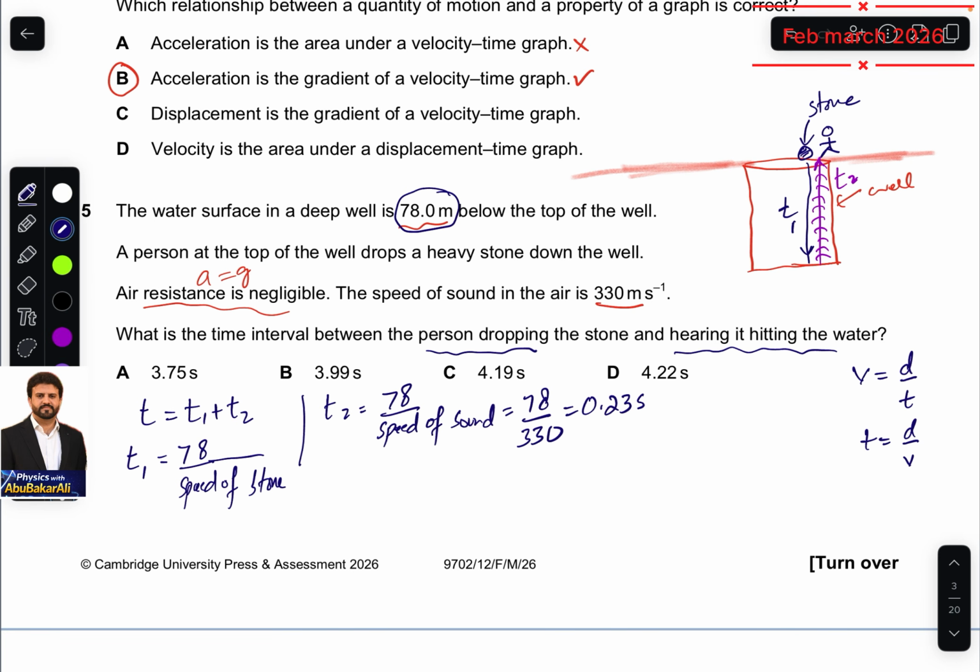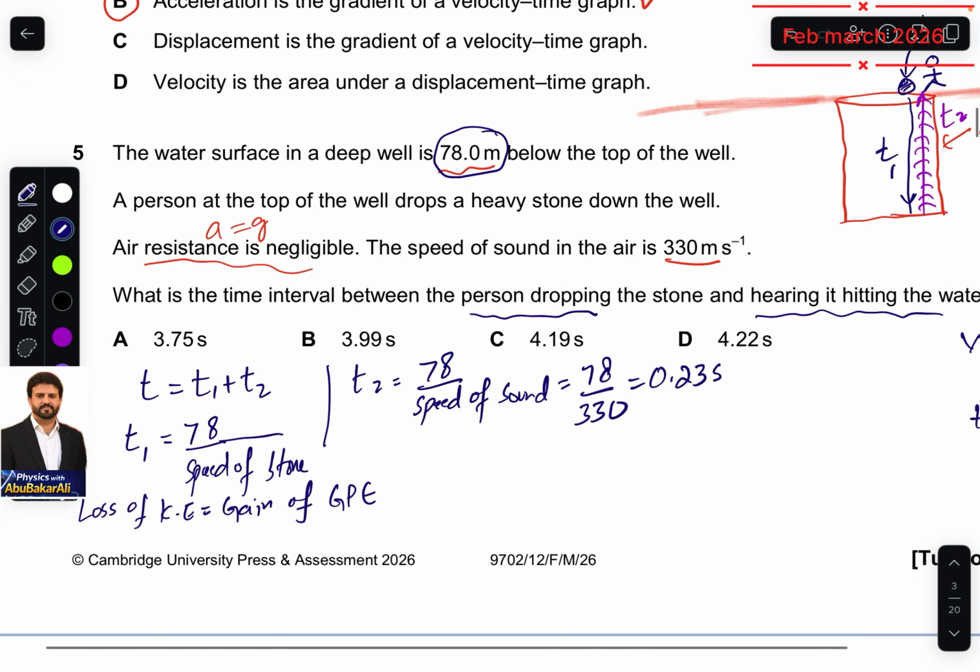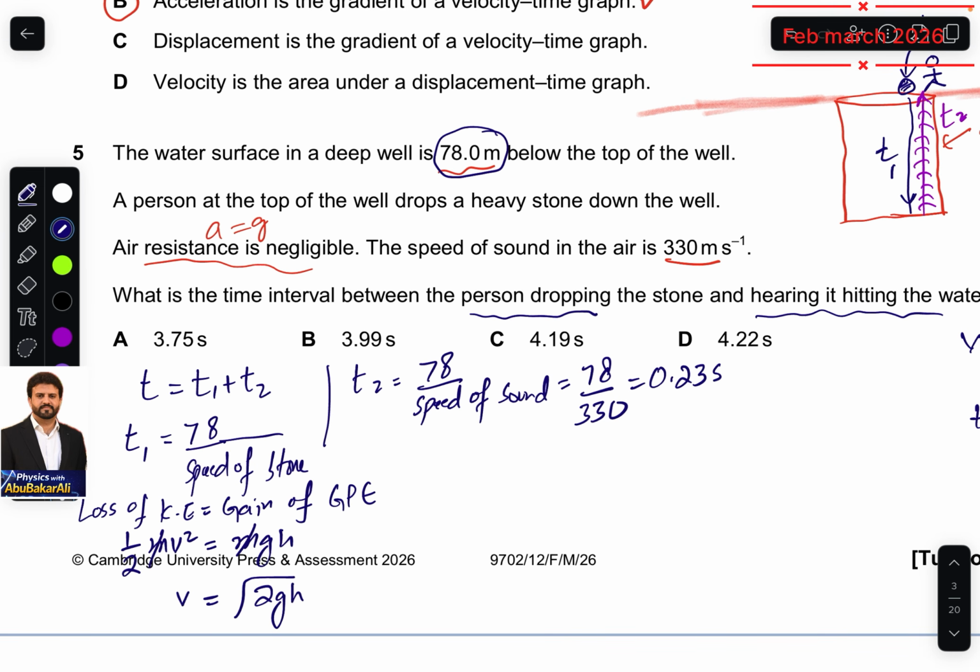So the gain of kinetic energy equals the loss of potential energy, because there is no air resistance. Putting in the relation, 1/2 mv squared equals mgh. The m cancels, and v can be written as the square root of 2gh.